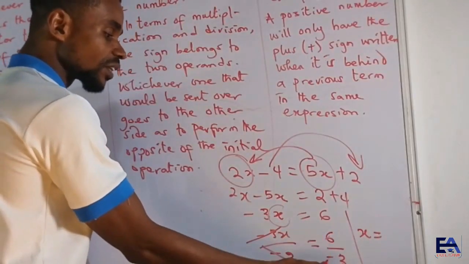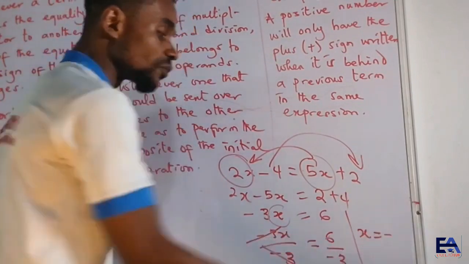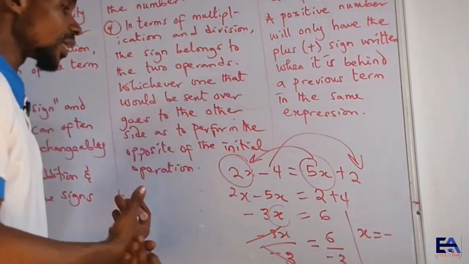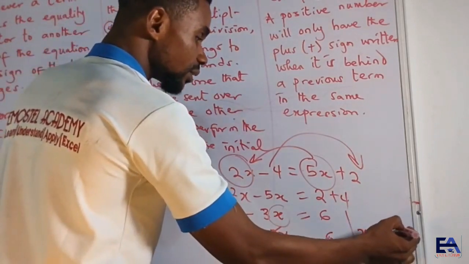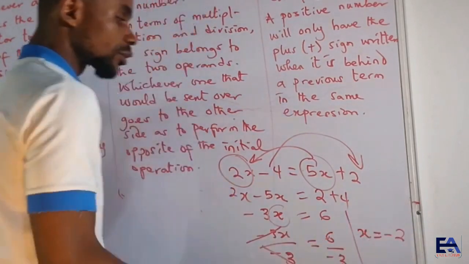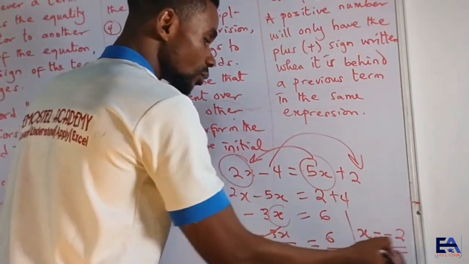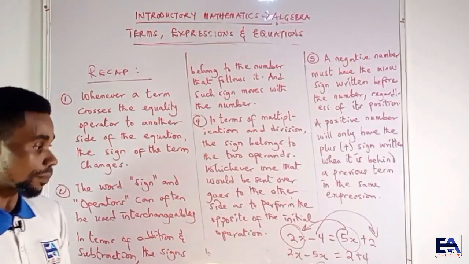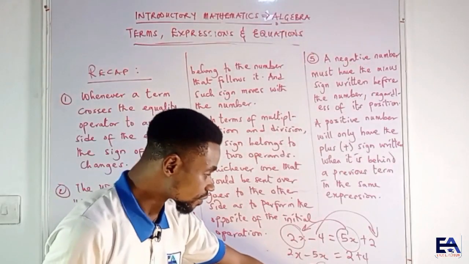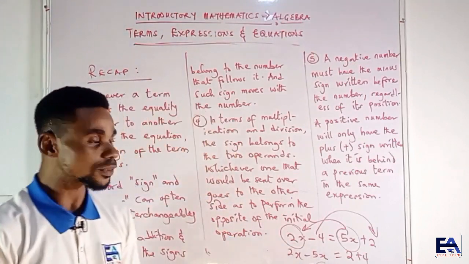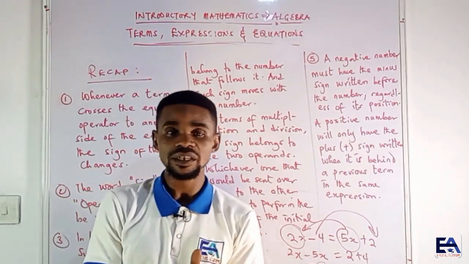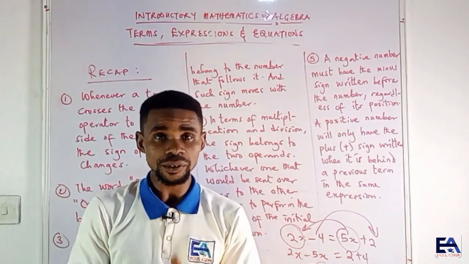Positive divided by negative gives what? Negative, because they are different signs. Then 6 divided by 3 gives us 2. And so we have minus 2 as the result. I believe you understand. You deal with the signs first, then the numbers, especially when you are adding, multiplying or dividing.